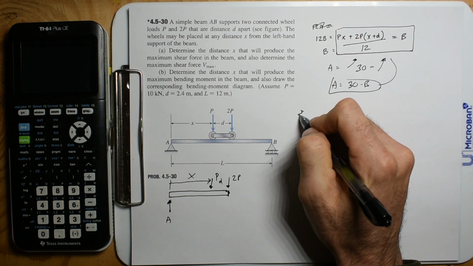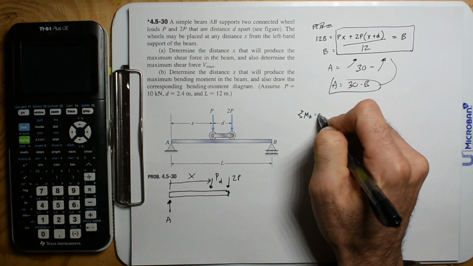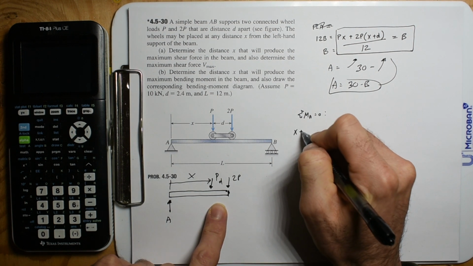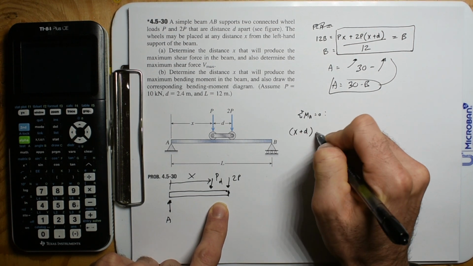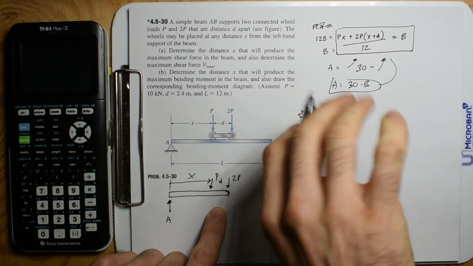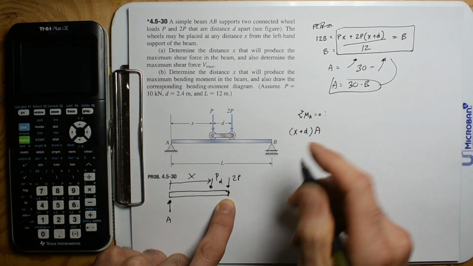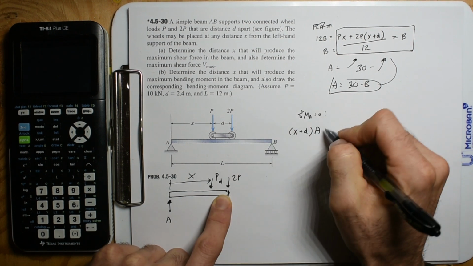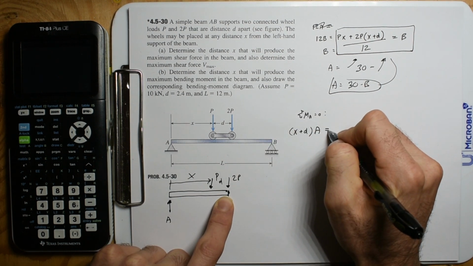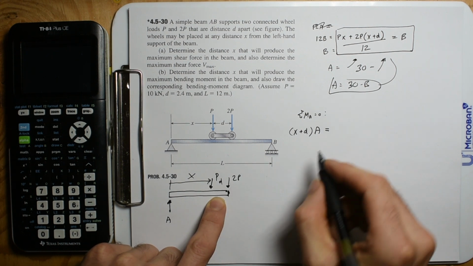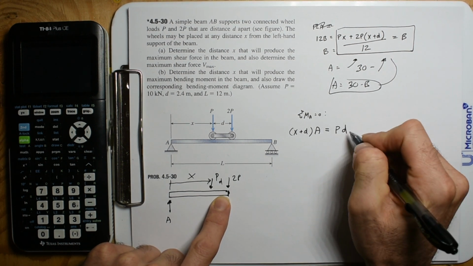So we're going to have a distance x plus d multiplied by A. That's going to be the negative moment, and that's going to equal the positive moments, PD. That's it, PD. Cool.